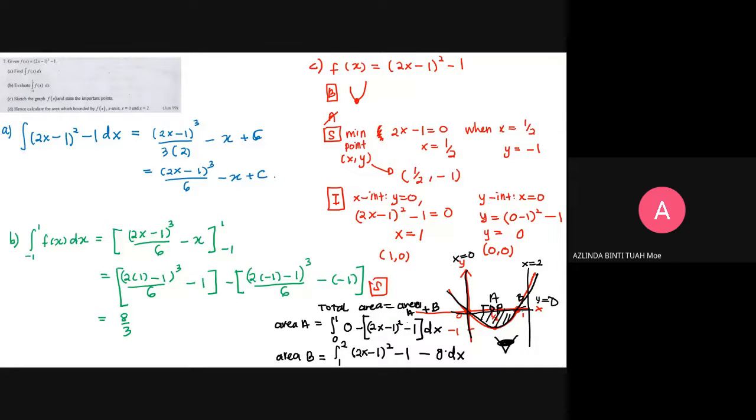Area A and B? Wait, madam. Okay. Area A 5/6, madam. 5/6 macam salah je. Area A is not 5/6.